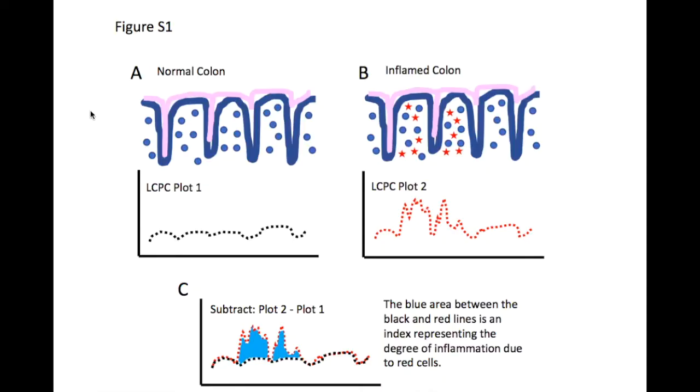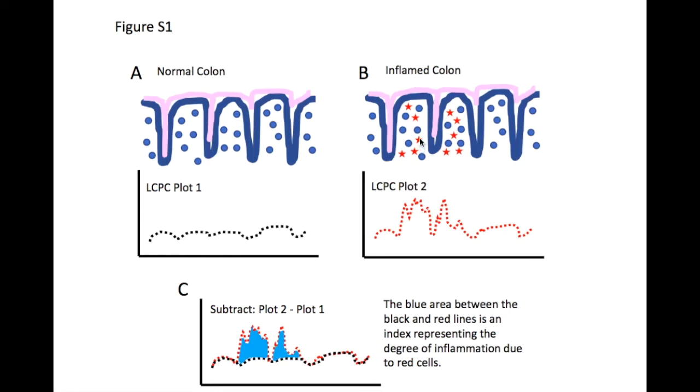One last thing I want to point out is the extra usefulness of the LCPC for quantifying changes in spatial arrangement. This is a cartoon of the lining of the colon, and oftentimes there are many ailments in which there's extra inflammation, infiltration of immune cells in the lining of the colon, and the LCPC can serve as an index to quantify the degree of this infiltration. Here in the cartoon, the red stars represent extra T cells or dendritic cells, whatnot.